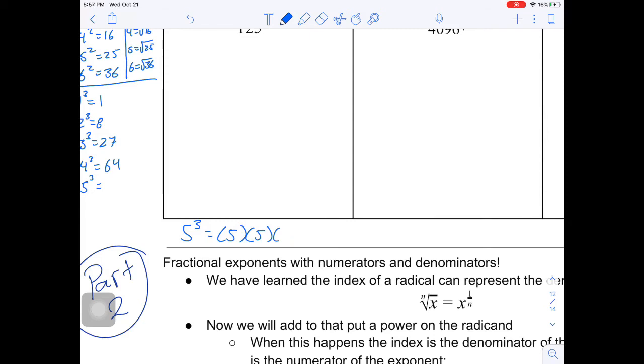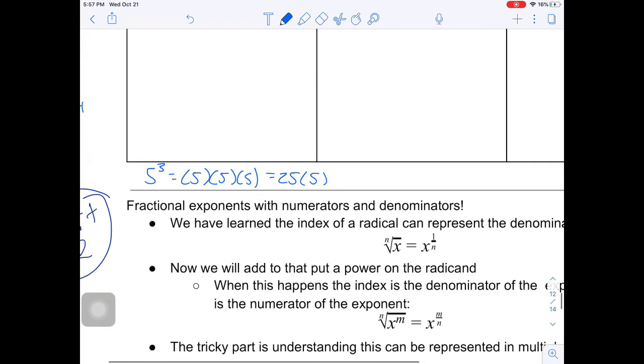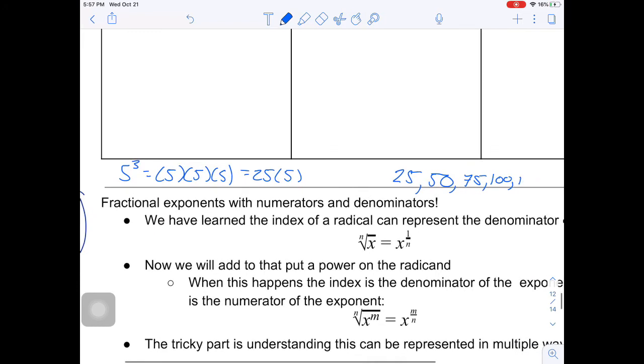Our first 5s multiplying gives us 25 times 5. And 25 times 5, well, that's 25, 50, 75, 100, 125. So I'm counting up by 25s. Remember, this is just 25 added together 5 times. So here's 25 times 1, 25 times 2, times 3, times 4, times 5. So it looks like it's 125.